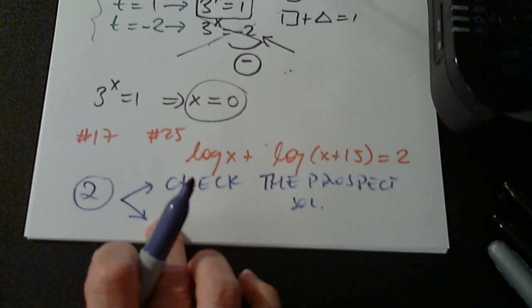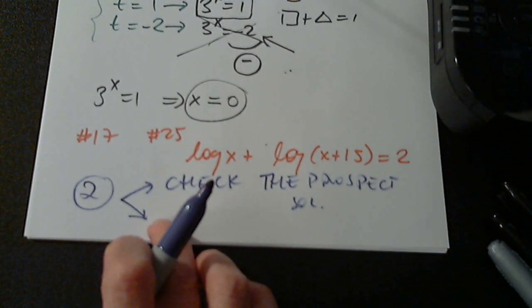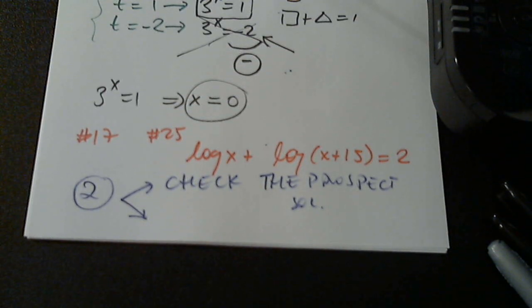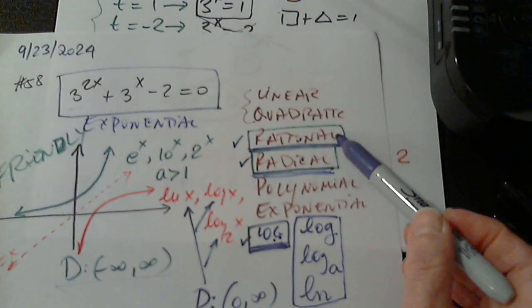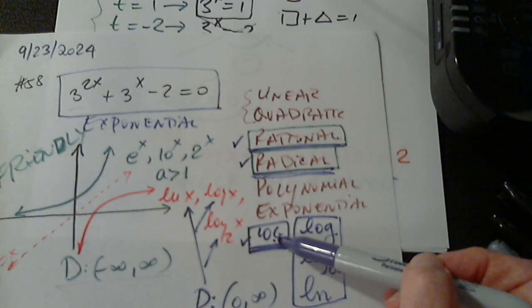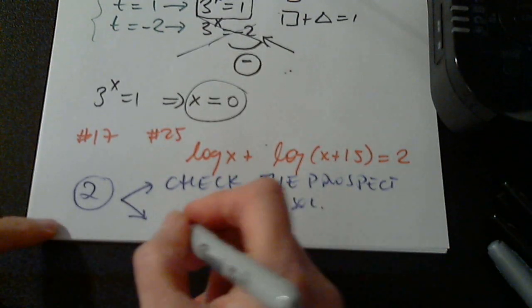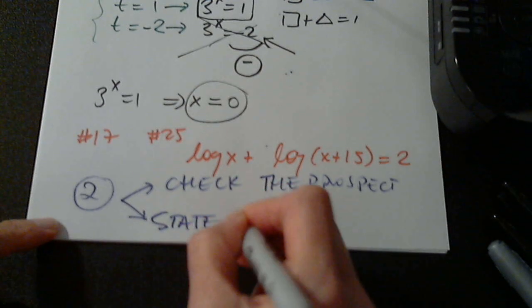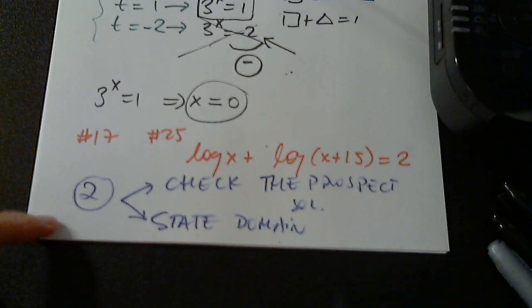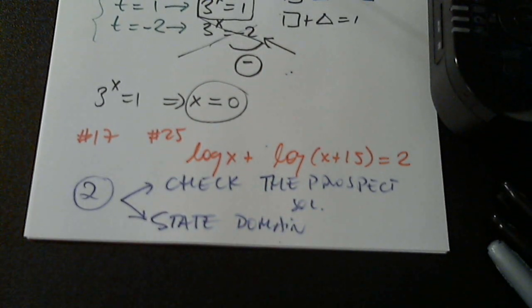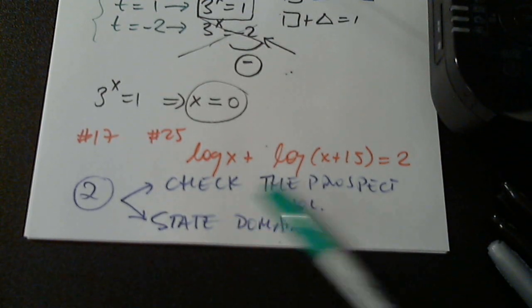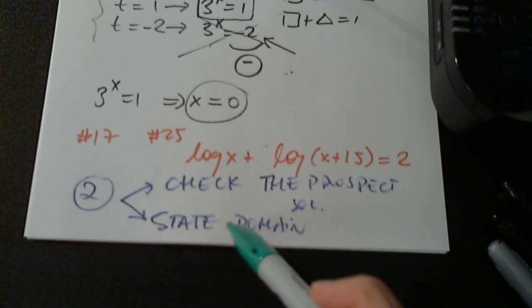For another problem, you may choose this. It's up to you, but you must choose one or the other, like we did here. We had no choice. So the other option is state the domain. This is my choice, most of the time. Your choice may be the other, which is fine, but I like to discuss this one.